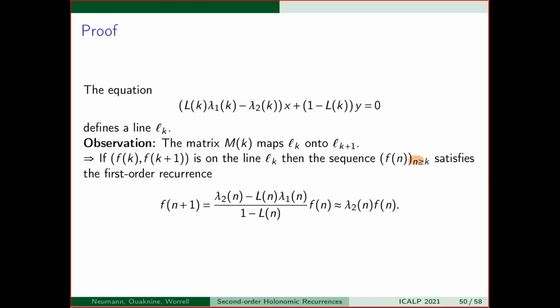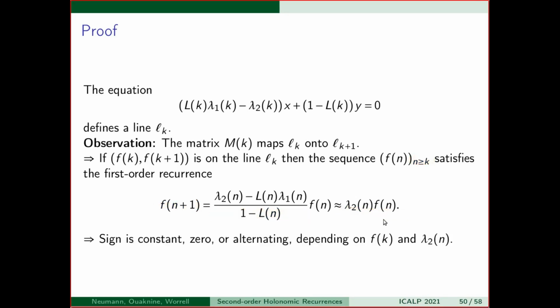So from the kth index on, you will satisfy a first order recurrence, as we've seen in our very first example. Our recurrence degenerates to a first order recurrence with a coefficient that depends on the eigenvalues and this number L(n), but by the quantitative version of our main lemma, this expression will be approximately equal to lambda_2(n) times f(n). And then we essentially get our result.